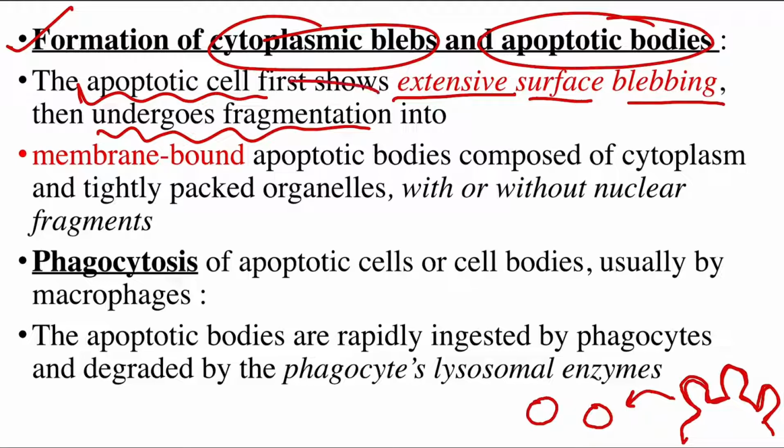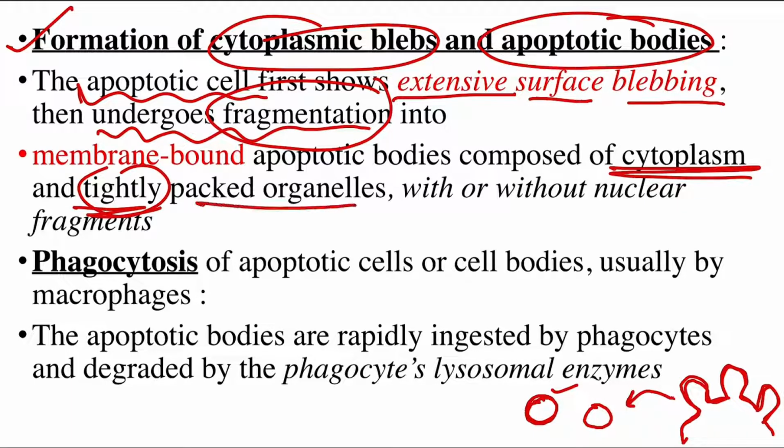That is, fragmentation occurs and ultimately apoptotic bodies are formed, and these are membrane bound. They are composed of cytoplasm and tightly packed organelles with or without nuclear fragments. So there may be presence of nuclear fragments, or there may not be.